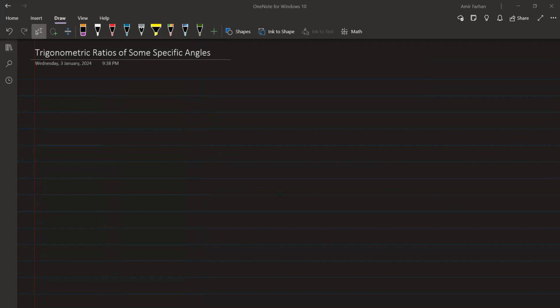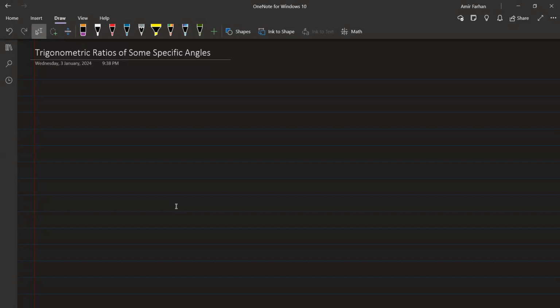So basically, now the topic is the trigonometric ratios at some specific angles. Angles can vary from 0 to 360, but we are here to learn the values of the trigonometric ratios at some specific angles, because we don't require at this moment the value of tan 65.